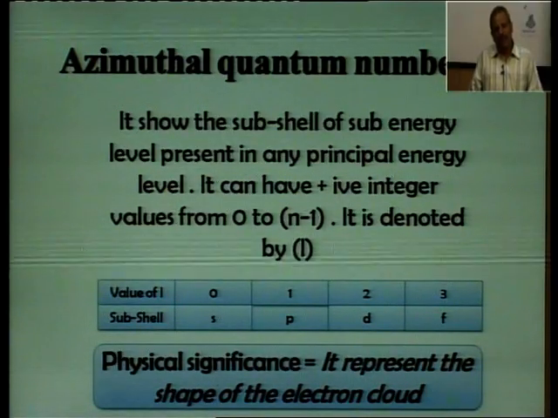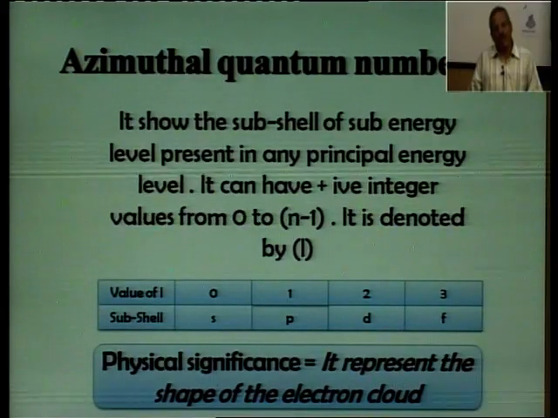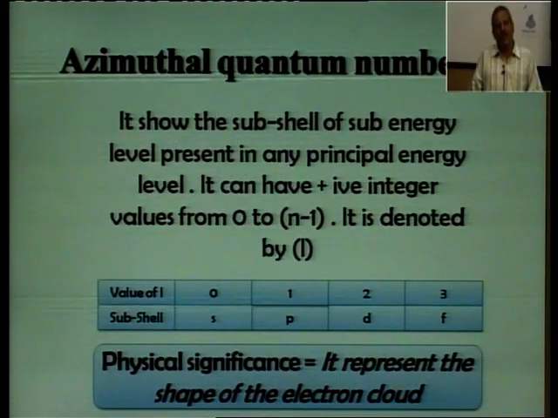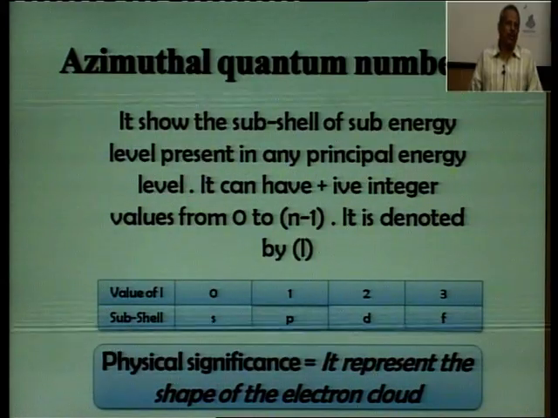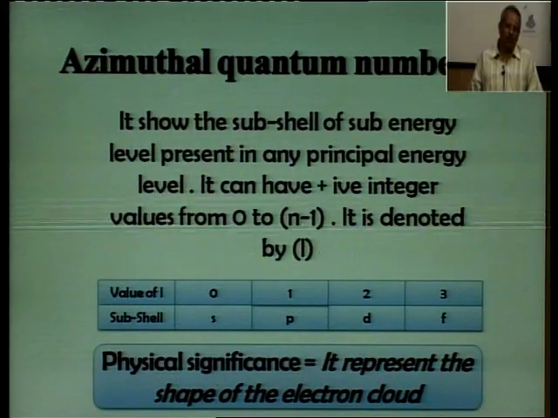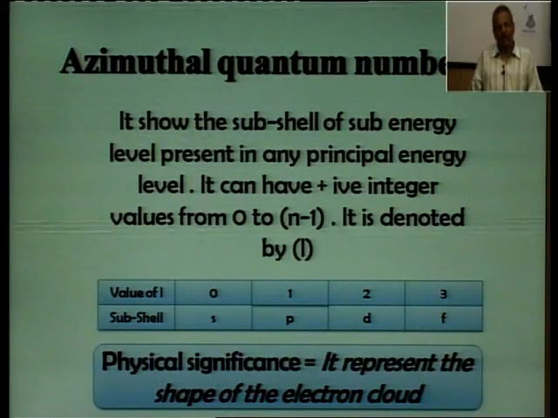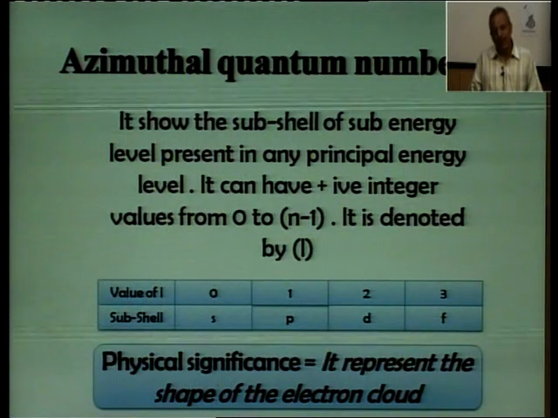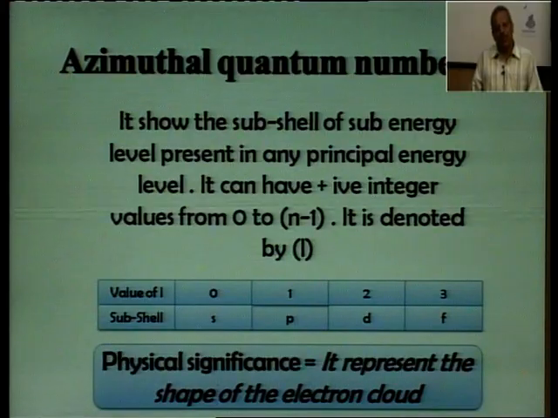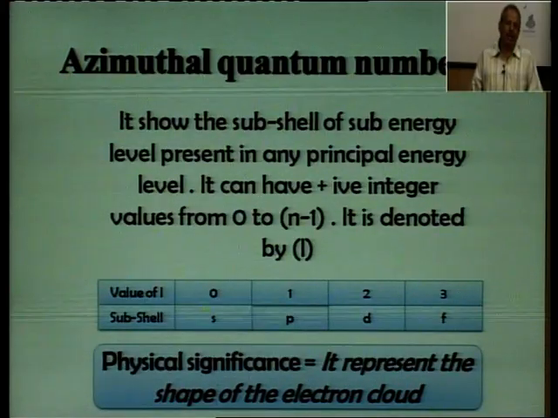If the value of n is 2, then the azimuthal quantum number has two values, one is 0, another is 1. So, there are two sub-levels. The electron may be in the 0 level or maybe in the 1 level.